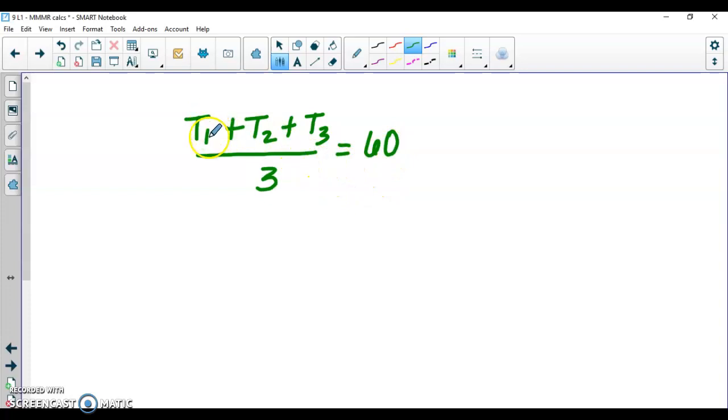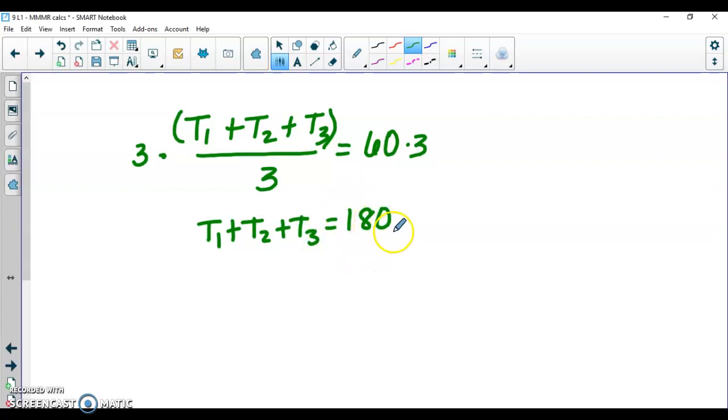So if you remember, I had you add up your 2 trimester scores so far and figure out what you would need to get. The reason that we did this was just like what we just saw. So we'd times by 3 on both sides, and that would tell me that your trimester 1 plus your trimester 2 plus your trimester 3 would have to add up to be 180 points if you wanted your final overall grade to be a 60.